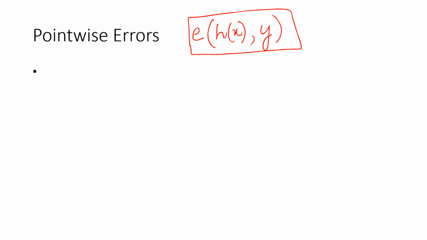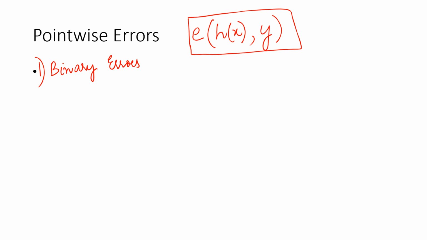And the value of this pointwise error will be decided in a variety of different ways, depending on what problem you're looking at. For example, until now, we've looked at classification problems. For classification problems, what we have is known as binary errors. What are these binary errors?